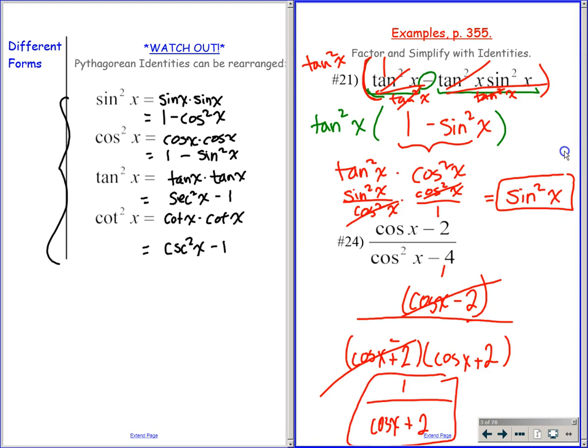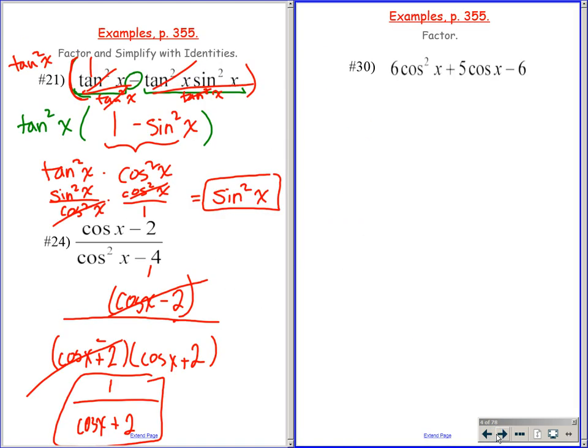So question. Can I do old school algebraic simplifying, factoring, multiplying to trig stuff? Yep. What about this one? You hated it when the e's needed factoring.